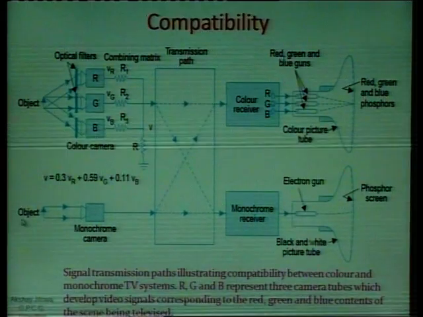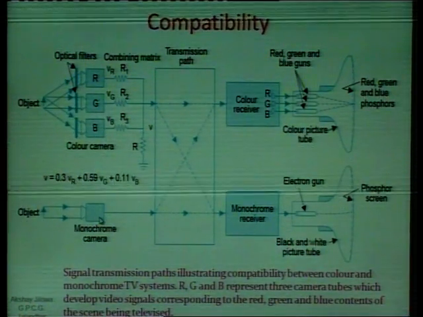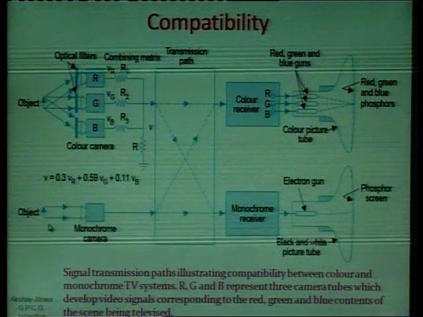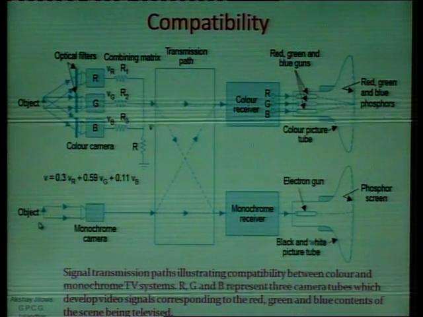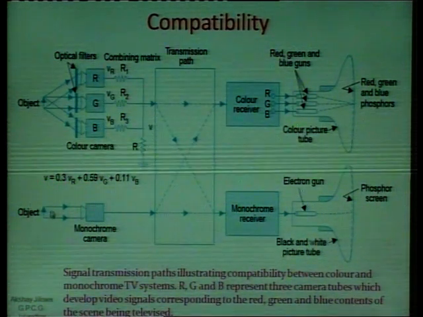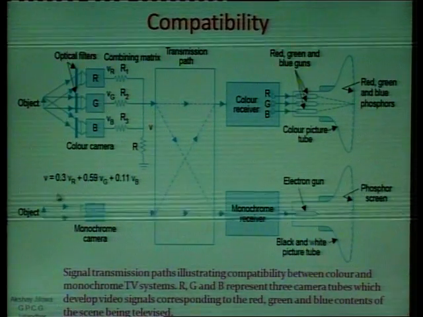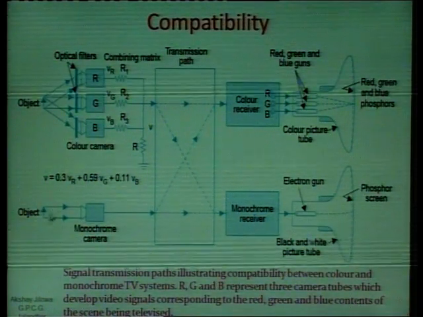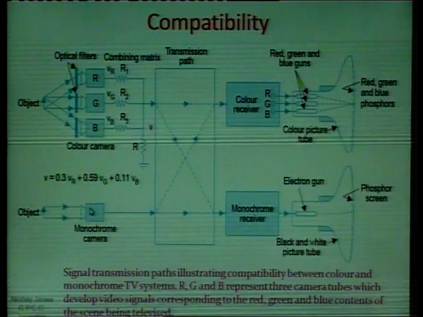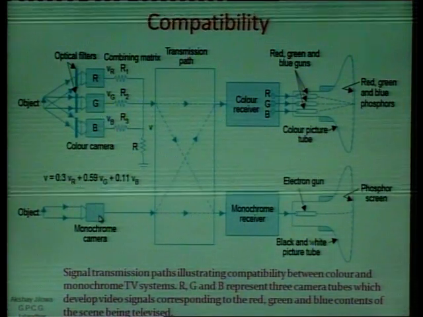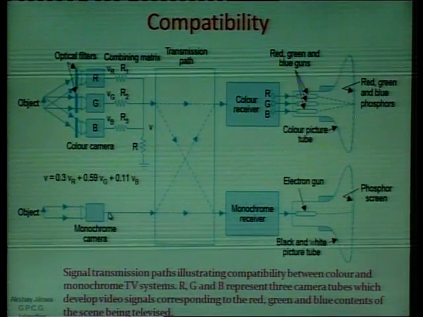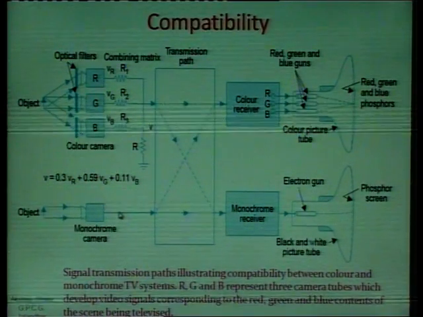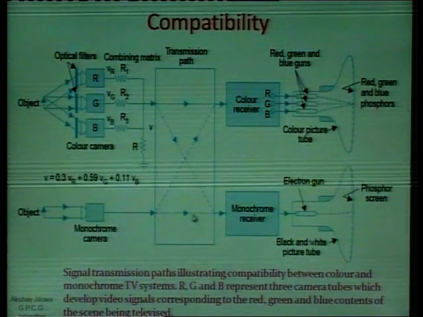In monochrome, we have a monochrome camera, and this is the object. The optical information of this object, which is the reflection from the surface, falls on the lens, and from here we convert it into a corresponding electrical signal, and those electrical signals are transmitted.